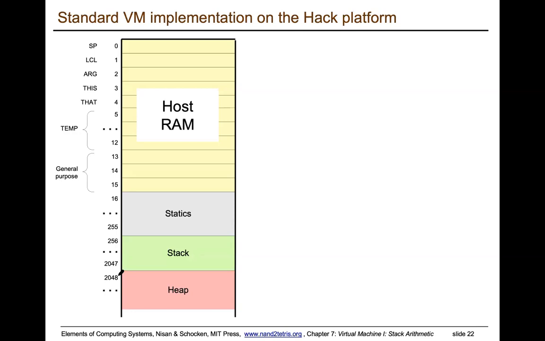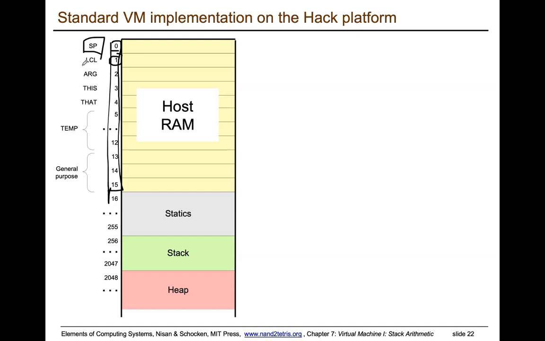So still remember, we have 0 to 15 reserved, right? We say this portion is reserved. Now they have some meaning. RAM 0 is for the stack pointer. And the first one, RAM address 1, is for the local variable.